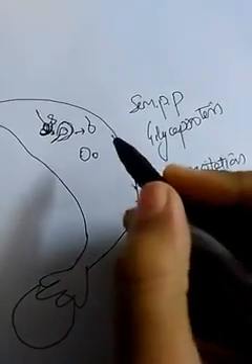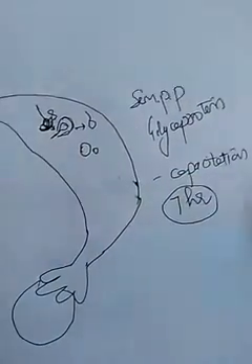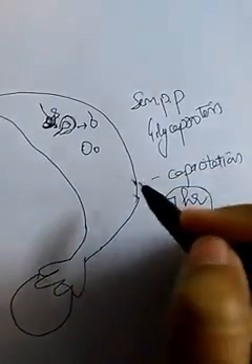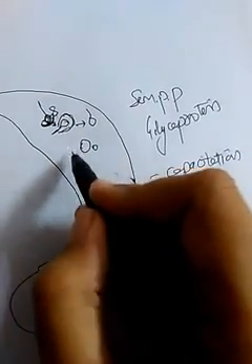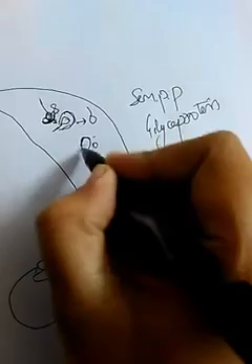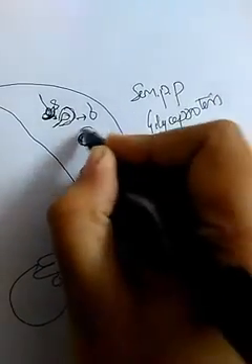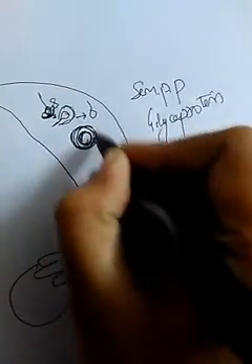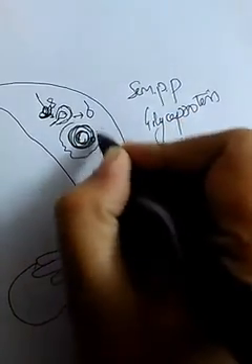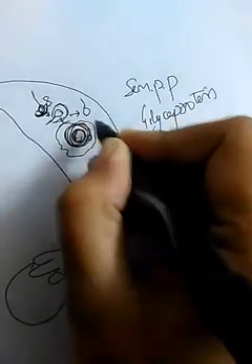Now after it capacitates, it can pass through the corona radiata of the ovum. Supposedly this is the ovum, this is the zona pellucida, and this is the corona radiata. Now it can enter here.